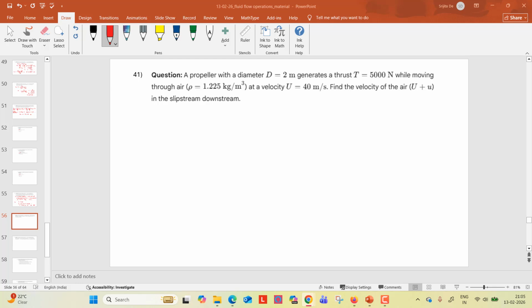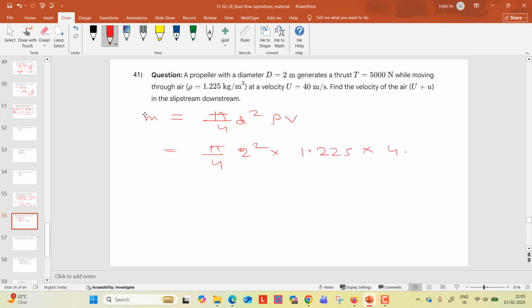So mass flow rate is pi by 4 area into rho into velocity, right? So it is pi by 4, d is 2 square, rho is 1.225 into u is 40.